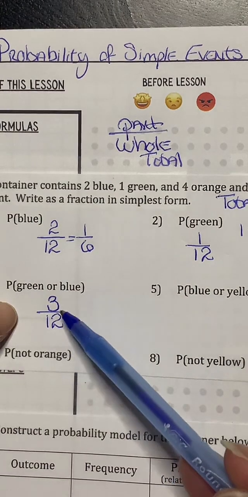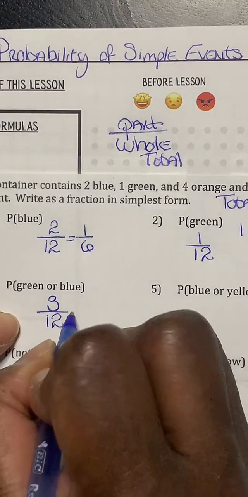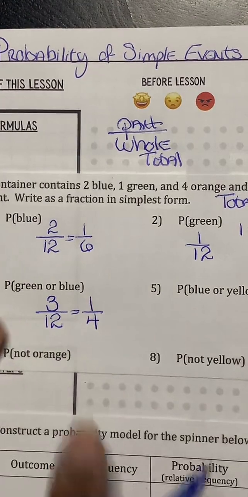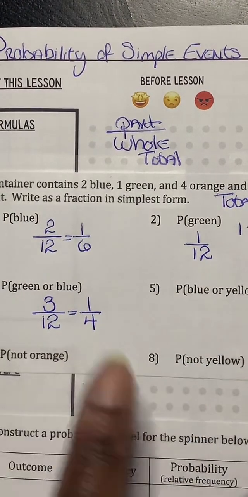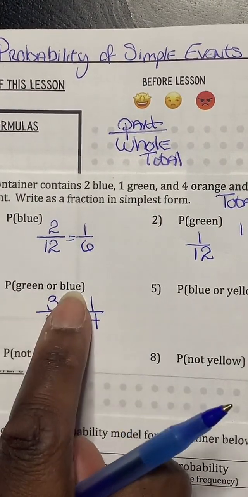So your probability is going to be 3 out of 12, which can be reduced to 1/4. So you have a 1/4 chance of getting a green or a blue marble.